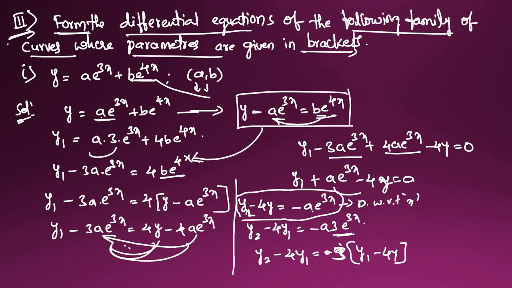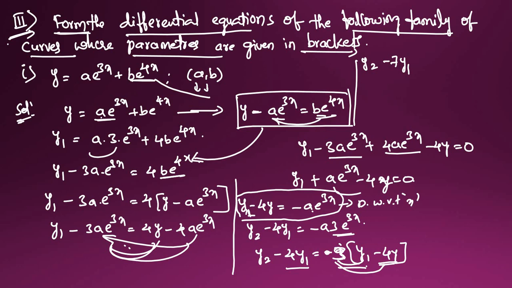Taking this also to the left side of the equation, I write y2 minus 4y1 plus 3y1 minus 12y, so it becomes y2 minus 7y1 plus 12y, where 3 into 4 is 12.